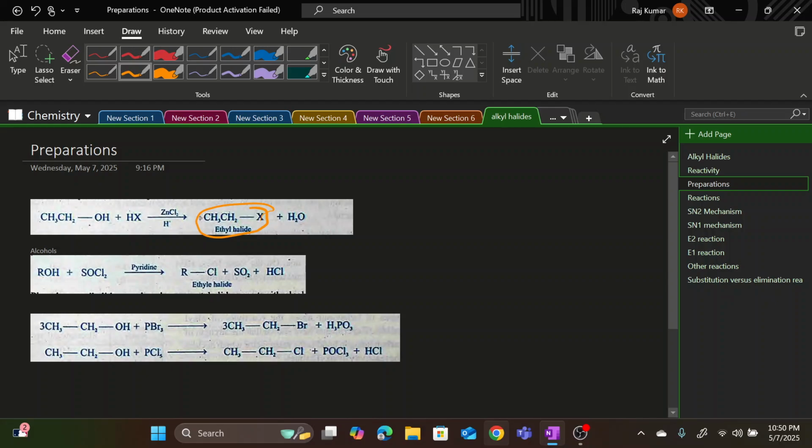And then we have the reaction of alcohol with thionyl chloride in the presence of pyridine solvent, due to which we have formation of sulfur dioxide, HCl and ethyl halide.